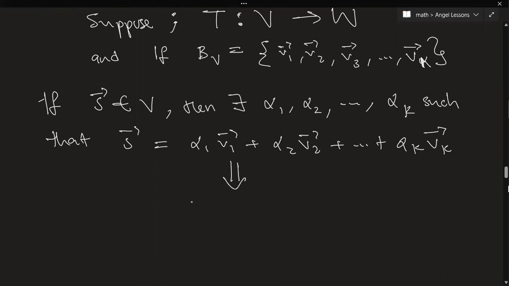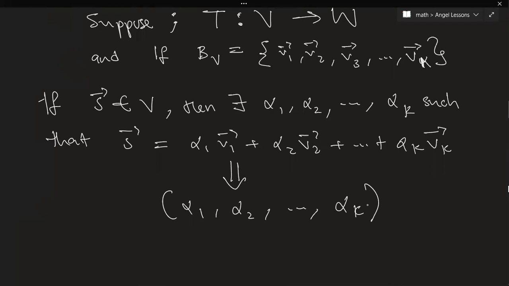When you collect these coefficients together and write them in coordinate form, alpha 1, alpha 2, up to alpha K, this is what we refer to as a coordinate vector with respect to some basis. It's just these coefficients collected in that order. They must be taken in the same order in which the vectors V1, V2 were arranged.